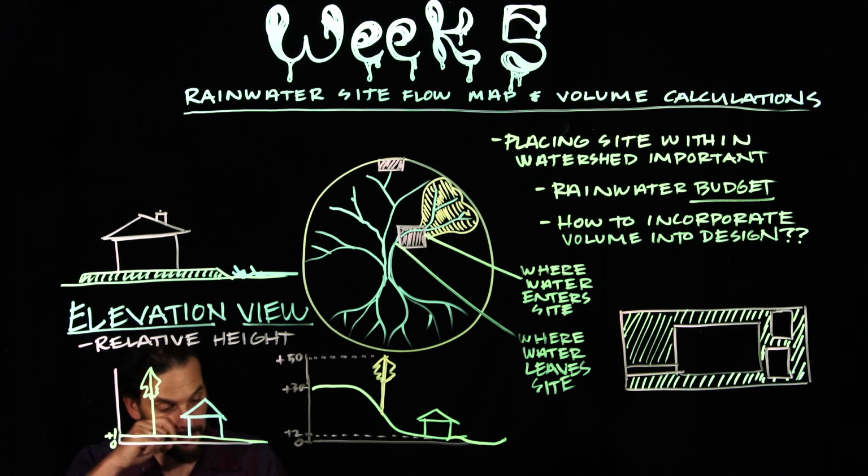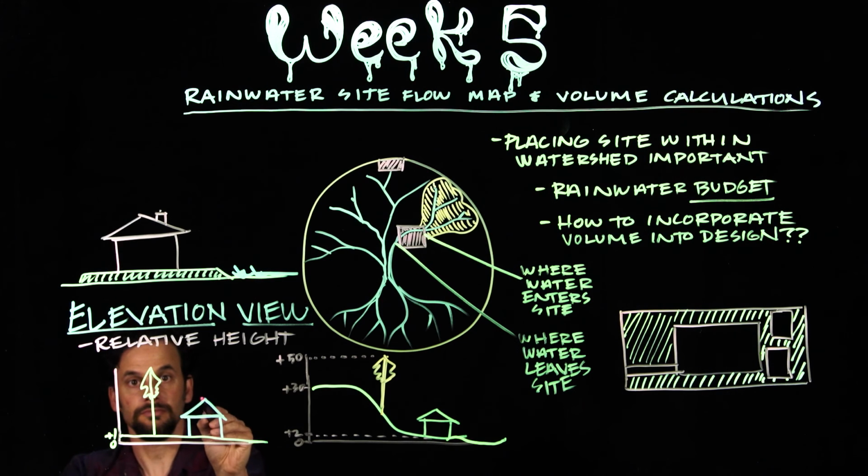Okay, but the top of the house may be at plus 15, and the top of the tree may be at plus 28. Now, these are important because the relative height of the features, even on a flat site, still shows us something about the shadow cast.